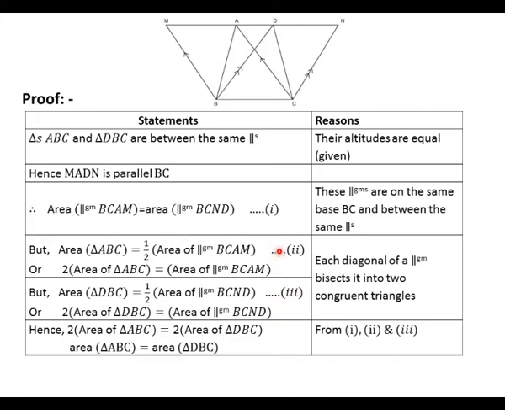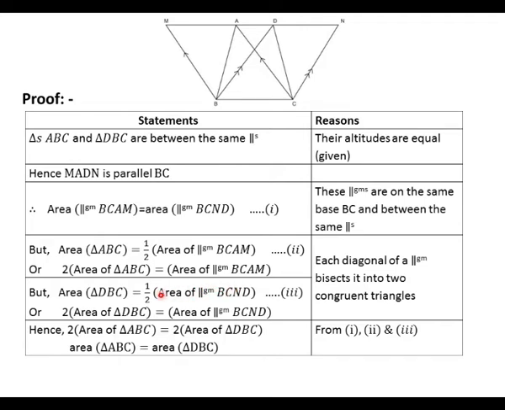Using the same argument, we can say the same thing about the second parallelogram, which is BCND. Over here CD is behaving as a diagonal, so this CD will split the whole parallelogram into two congruent triangles. The triangles will be NCD and DBC. So over here I can write area of triangle DBC will be equal to half of the area of parallelogram BCND.